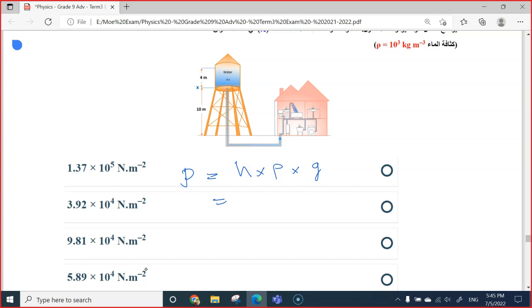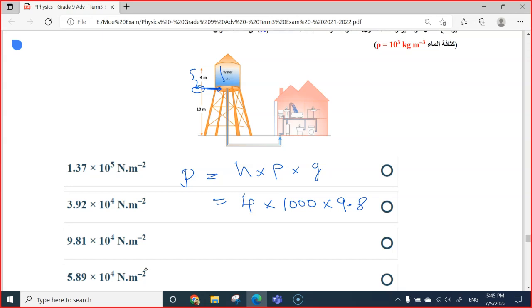So here, you want to calculate the water pressure at this point, and this point is at a depth of 4 meters from the water surface. So 4 multiplied by the density of water, that is 1000 kilogram per meter cube, and 9.8, the value of g.